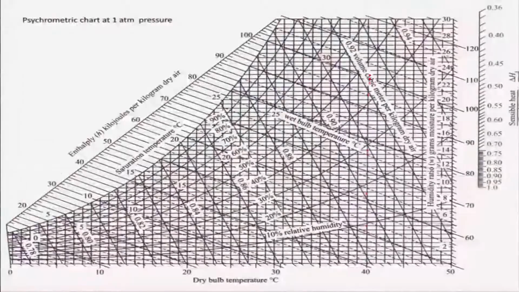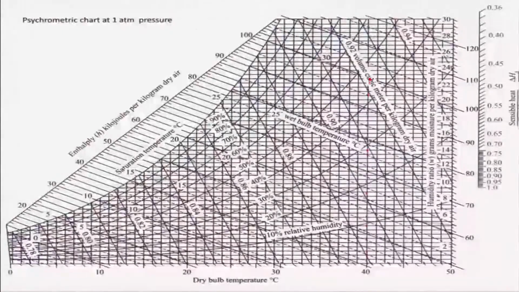Please be careful and look again. This is my wet bulb temperature, and I draw a vertical line for the dry bulb. My wet bulb temperature is 30 degrees, and this dashed line comes and crosses here. So what will be my relative humidity here?